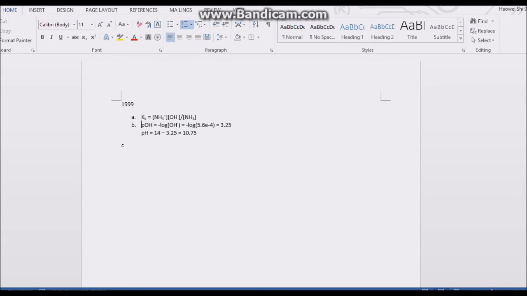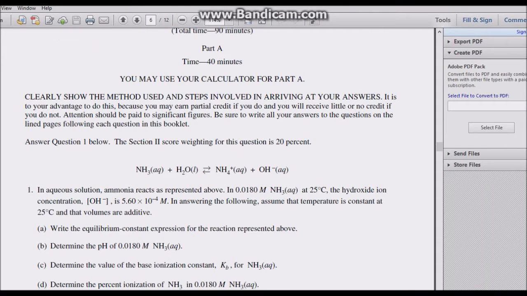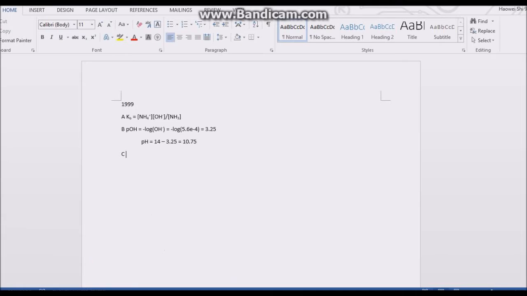For part C, we are to determine the value of the base ionization constant Kb for NH3. For that, first we're going to set up an ICE chart.